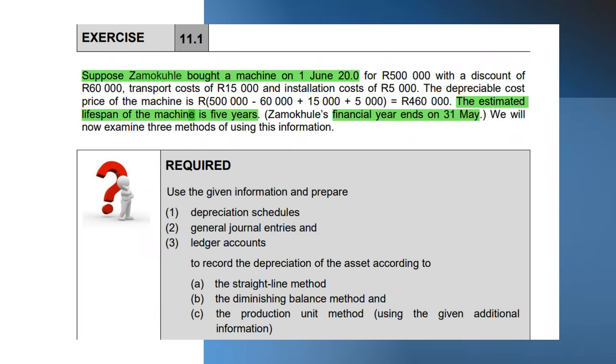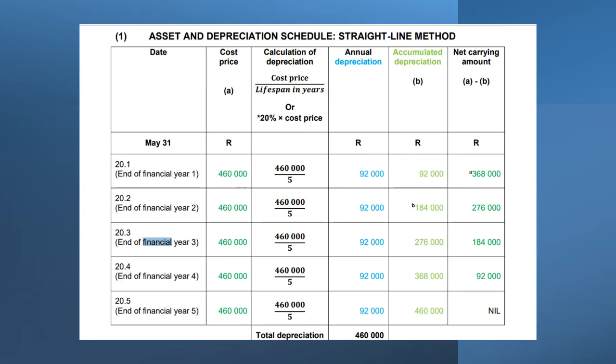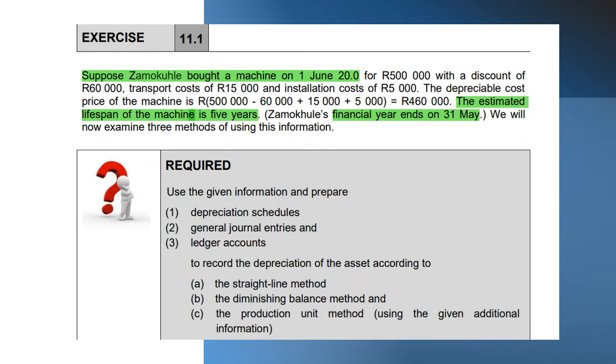So let me go back here. So we know now the cost price of this machine that was bought on 1 June 20.0. It's how much? It's 460,000. And we expect that it has a useful life of how many years? Of 5 years. So you are required to prepare the depreciation schedules.